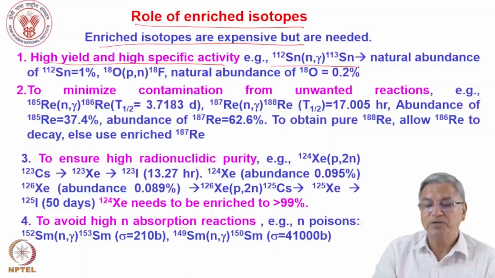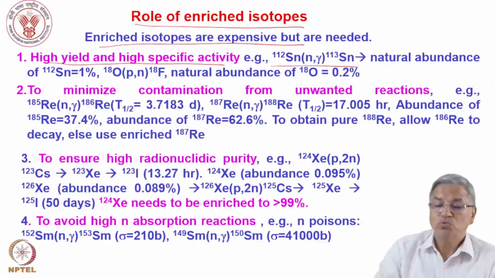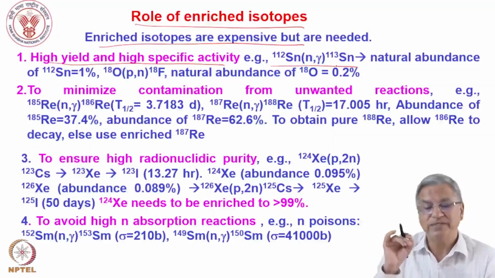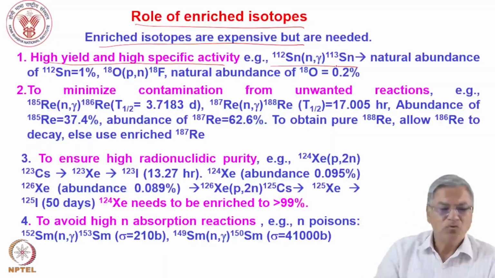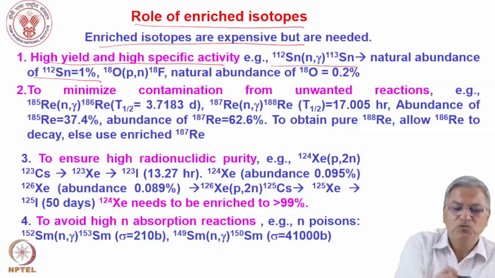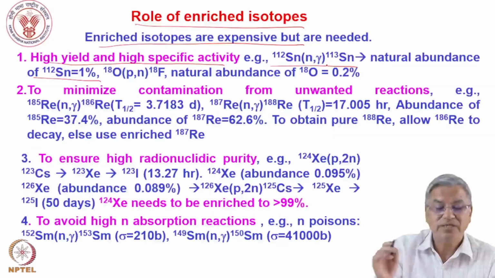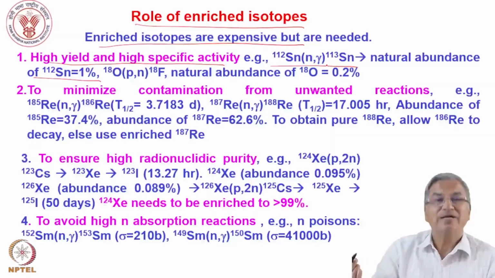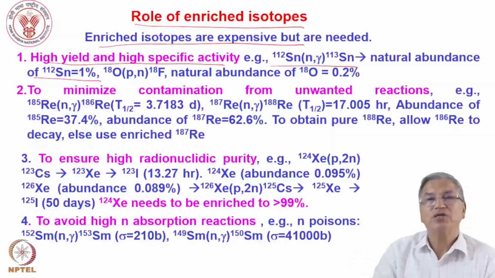You see, just to give an example, 112 tin N gamma 113 tin. So you want 113 tin, which is used in medicine. Now the abundance of 112 tin is only 1%. Other isotopes of tin will also capture neutrons, but 99% of the tin is other isotopes.